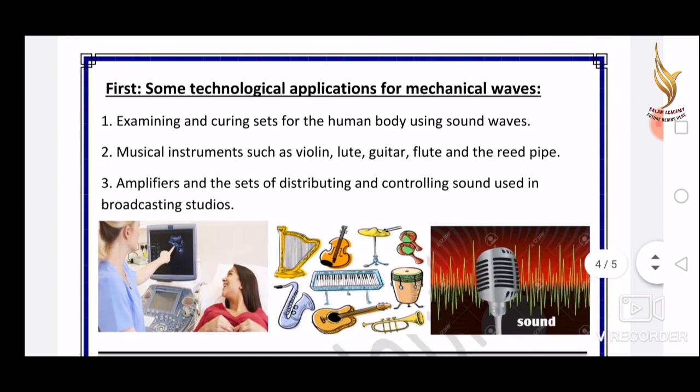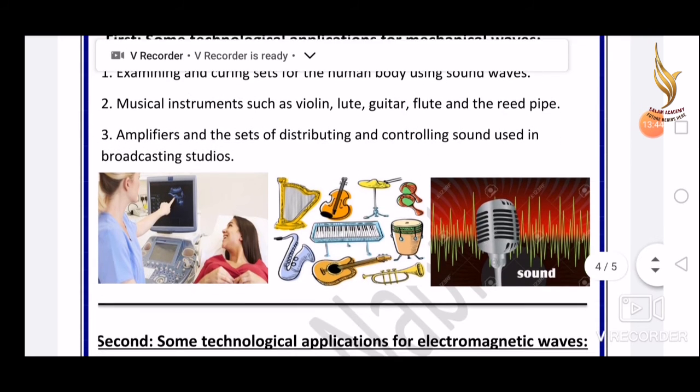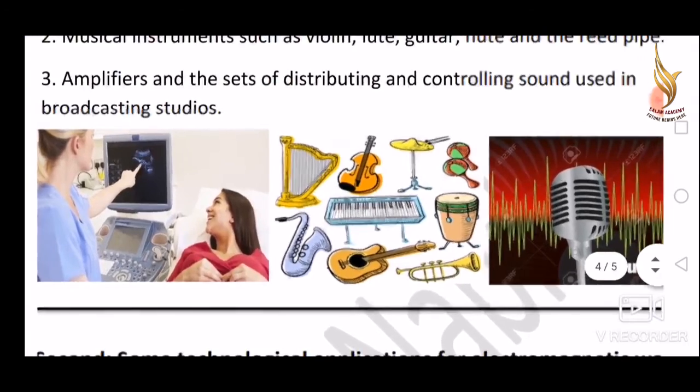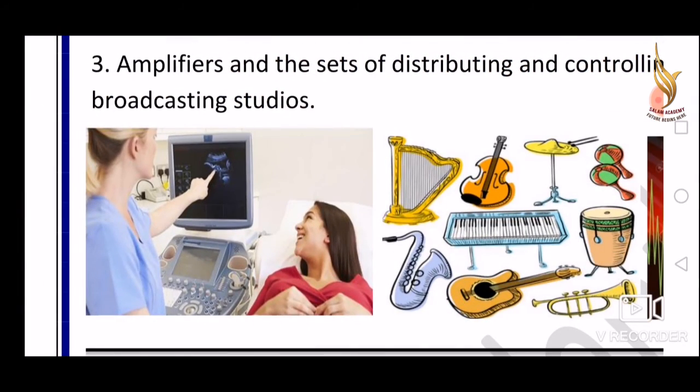We will study some technological applications for mechanical waves and some for electromagnetic waves. First, technological applications of mechanical waves: examining and scanning the human body using sound waves, like this in the picture, ultrasonic waves.